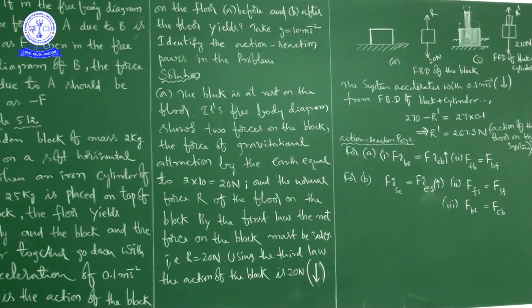But if you see such type of forces here, the force of gravity on the mass m, whatever the mass may be in A or B, and the normal force on the mass by the floor. These are not action reaction pairs, right?